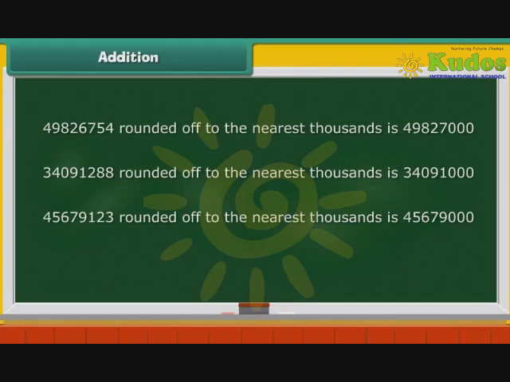34091288 rounded off to the nearest thousands is 34091000. 45679123 rounded off to the nearest thousands is 45679000.